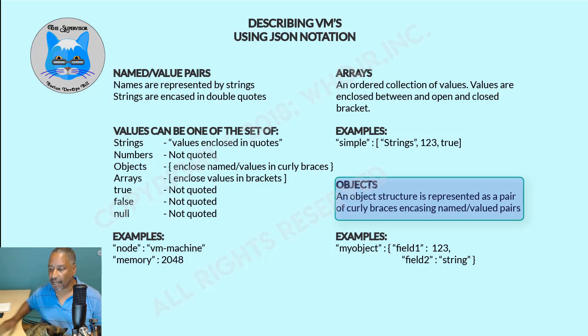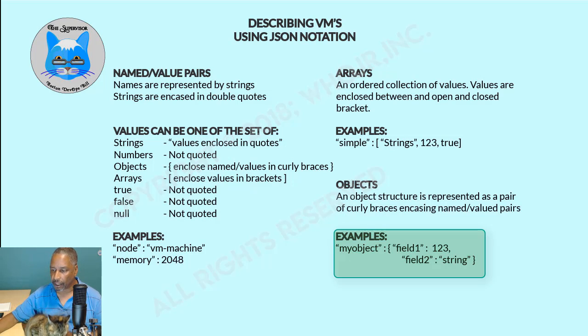So in the example, my object has field 1 with a value of 1, 2, 3 separated by a comma, and field 2, the colon in the string.